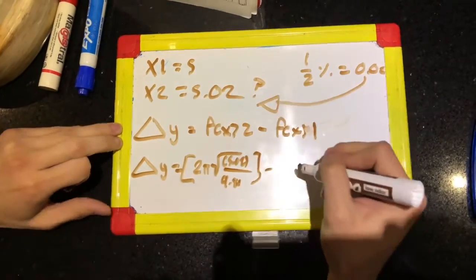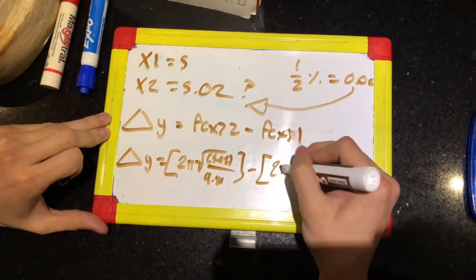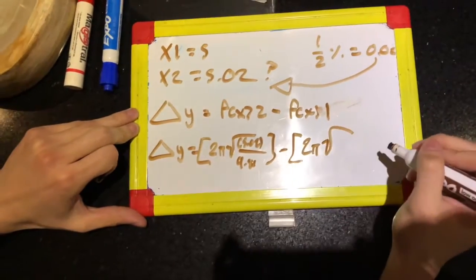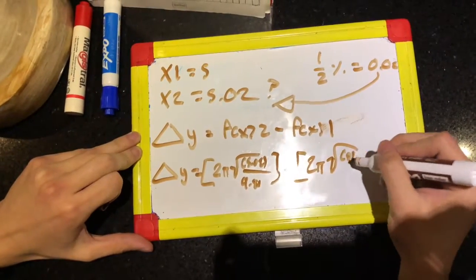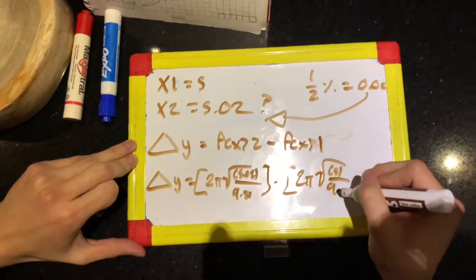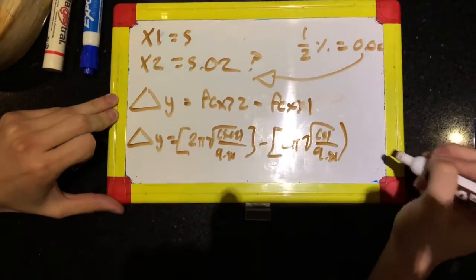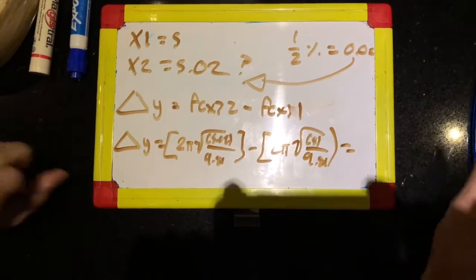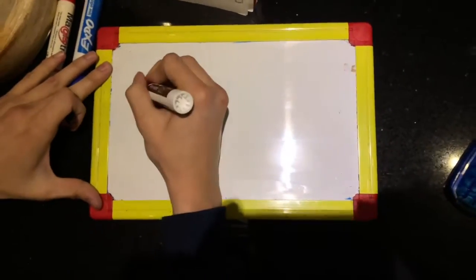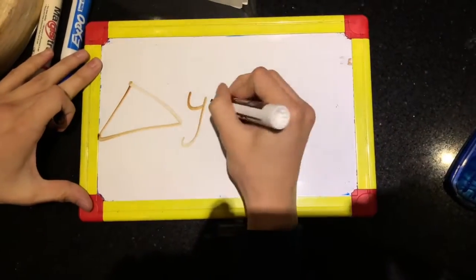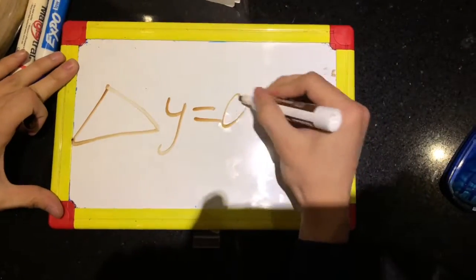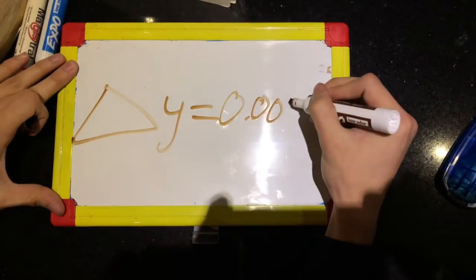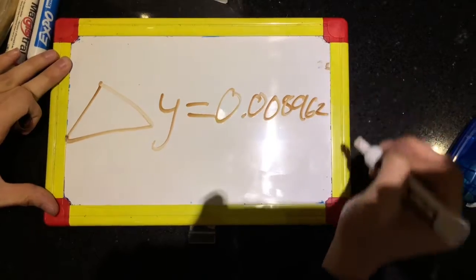Why? Because it's the force of gravity. Minus, then the new parenthesis, which is 2 pi square root of 5 over 9.81, is equal to delta y is equal to 0.008962. Very easy.